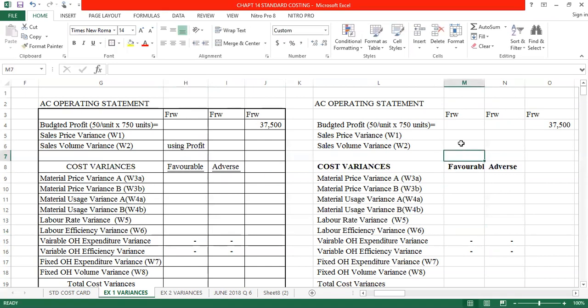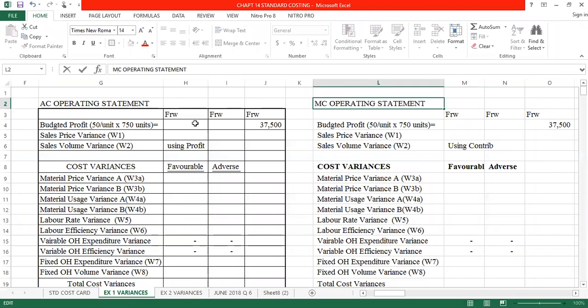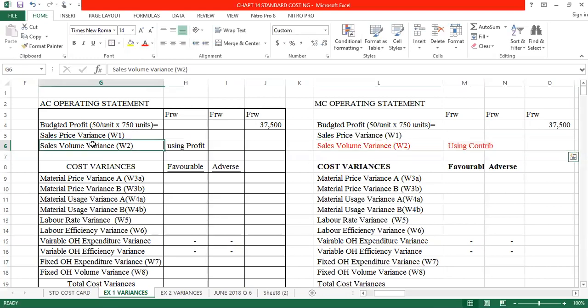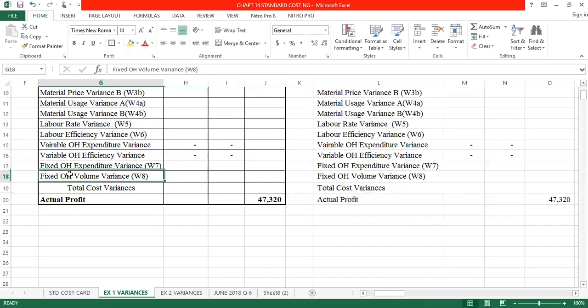Here is the one using contribution. So don't forget that, using contribution. So this one is MC. That is the first difference. The second difference is here.